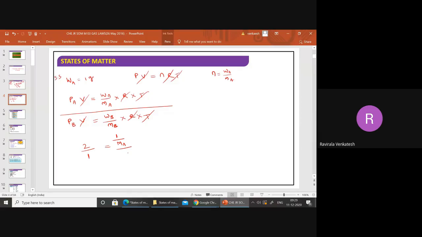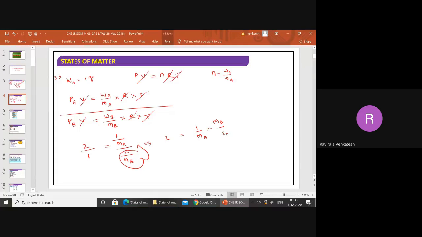Weight of B, how much? 2 grams. Molar mass of B, we don't know. Now based upon this, 2 by 1 is equal to 2. Now 1 by MA, send this one to the numerator, now we get MB by 2.